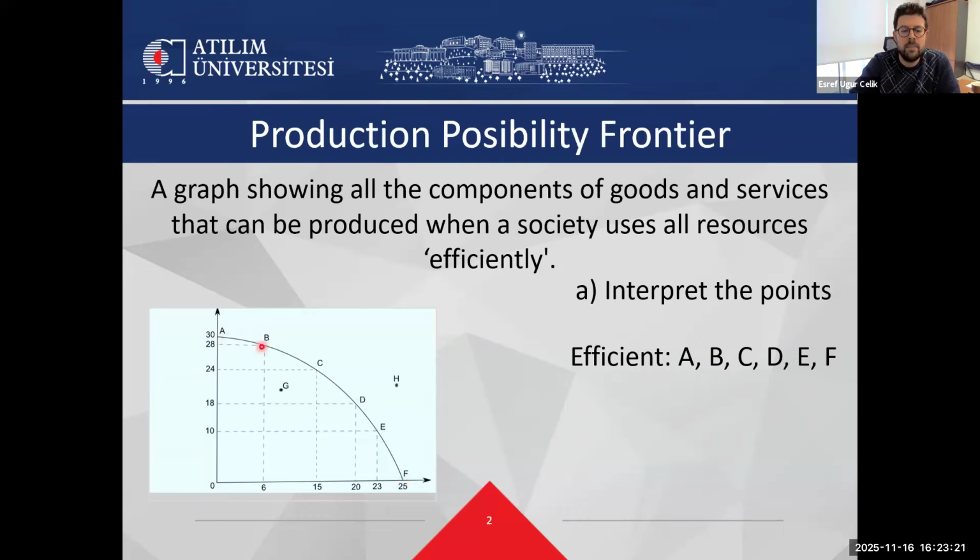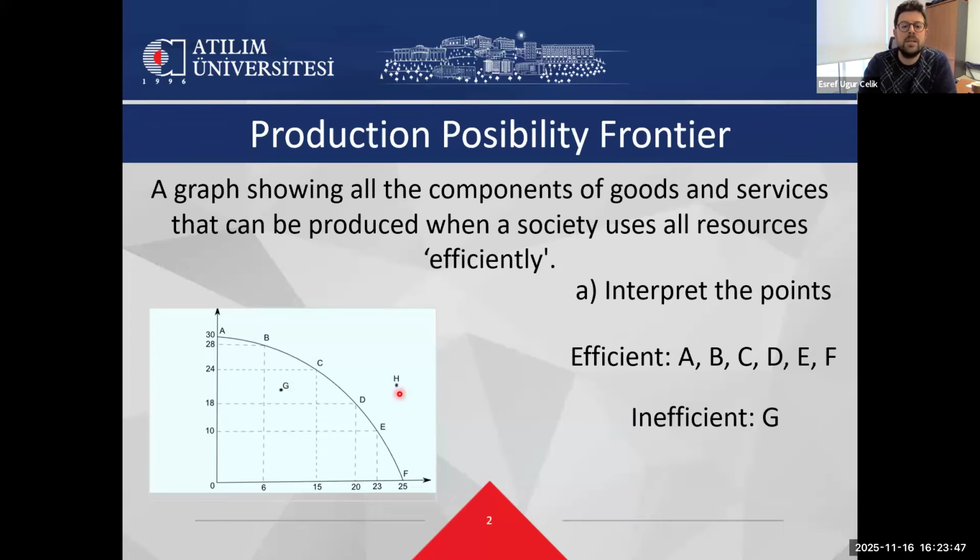So A, B, C, D, E, and F are points on the production possibility frontier, that's why we call them efficient. The other option is inside the curve. That means we cannot use resources efficiently, we use resources inefficiently. That's why point G is denoted as inefficient.